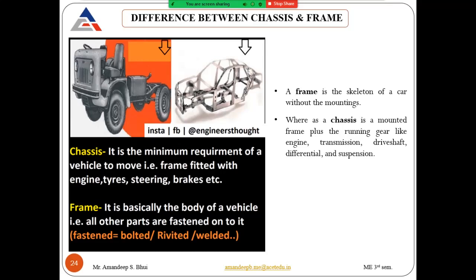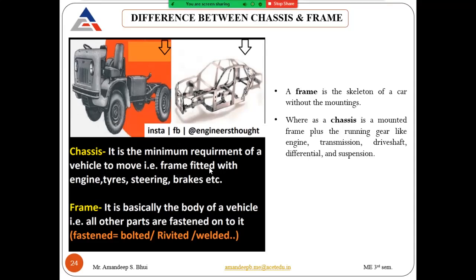It should have wheels, suspension, frame, a seat, steering system, transmission system, the oil tank and fuel supply system. So this is the minimum requirement of a vehicle. So with this minimum requirement, the vehicle can move. It should have an engine also, obviously.